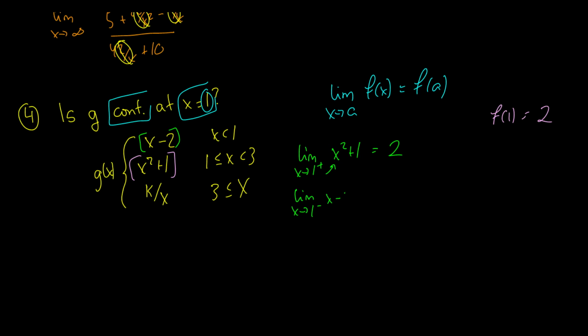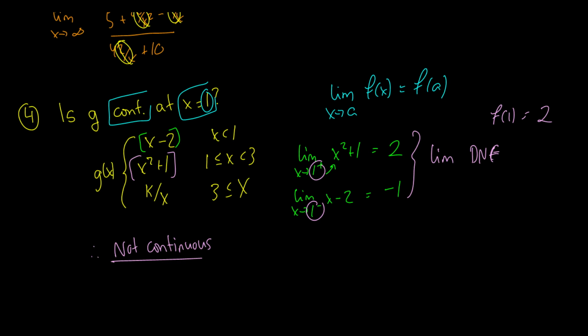So we plug 1 into x minus 2 and we get negative 1. So this is a problem, because this means that the limit does not exist. Because the left does not equal the right, therefore the limit does not exist. Therefore, this is not continuous at x equals 1.